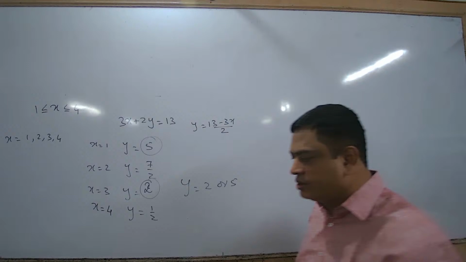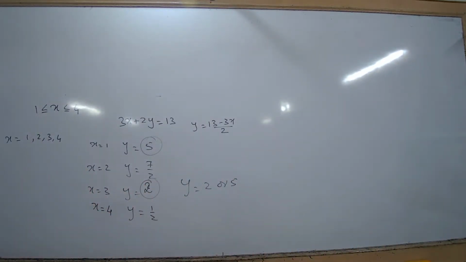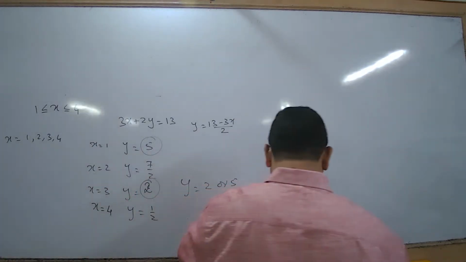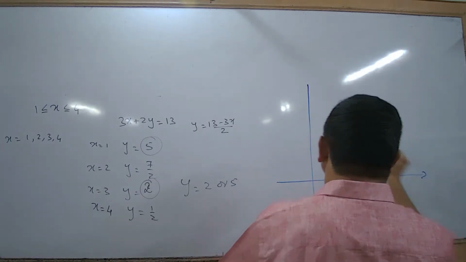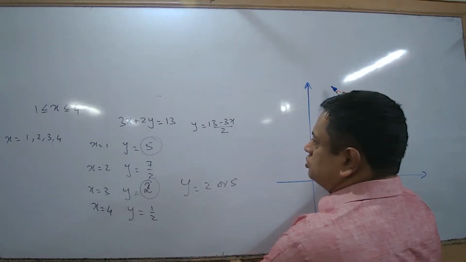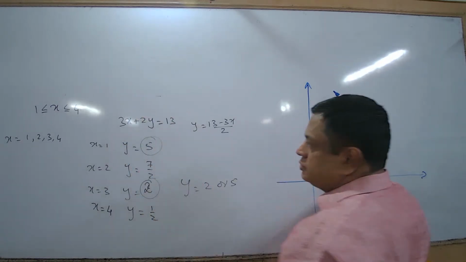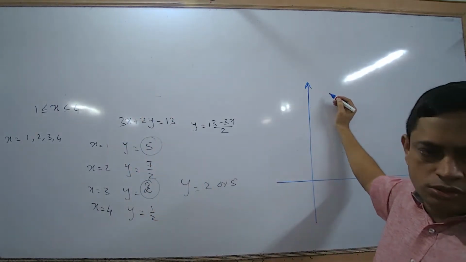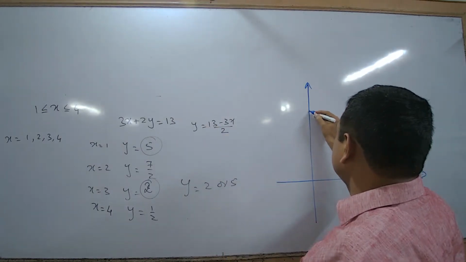Otherwise, you have to make the x-axis, y-axis region. That is a feasible region type. There are ways for that also. First you have to make the graph of 3x plus 2y is equal to 13. When x is equal to 0, what is the value of y? Y is equal to 13 by 2, 6.5 somewhere will come.